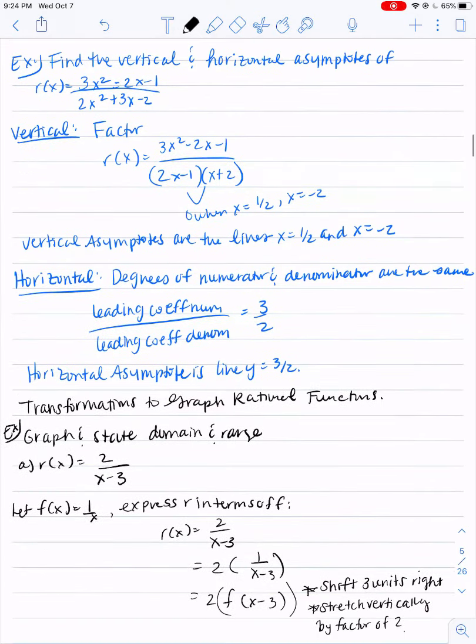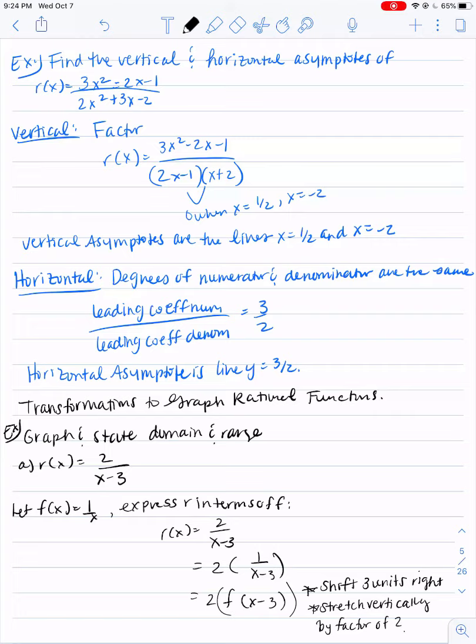So for our example, we're going to find the vertical and horizontal asymptotes of 3x squared minus 2x minus 1 over 2x squared plus 3x minus 2. To find our vertical asymptotes, we factor the denominator. I got 2x minus 1 and x plus 2. So our denominator is 0 when x equals 1/2 and x equals -2.